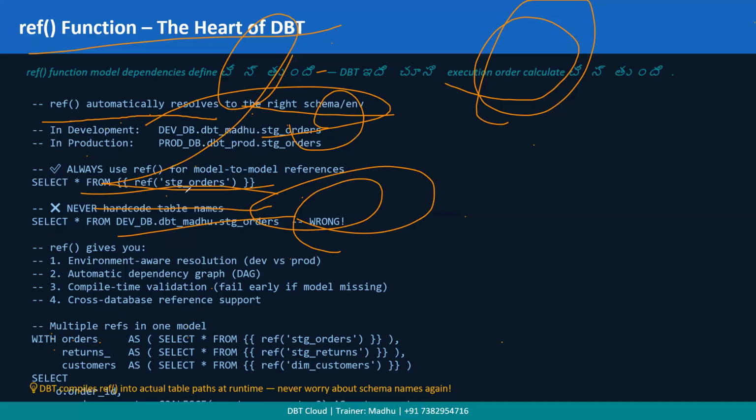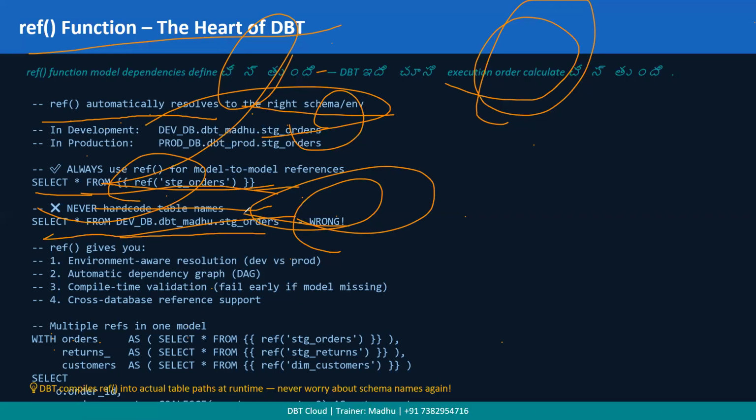So if you want to reference any model, we need to go with select star from curly braces ref stage orders. Otherwise, we would need to define the schema and environment ourselves. Don't use select star from a fully qualified name. This is the wrong way.